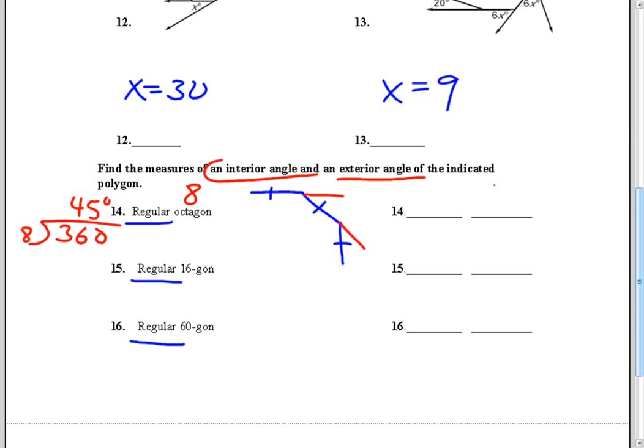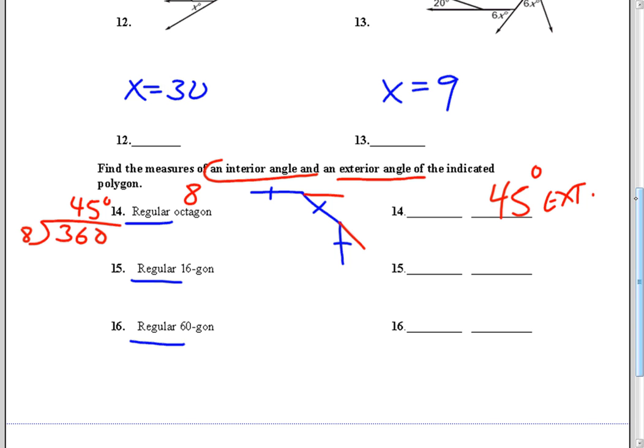Next time, I would like to see some labeling. Don't just throw down 45 degrees and hope that I don't care that it's interior or exterior. Actually write down next to it or above it or below it that it's exterior or interior. Once you have one of these angles, how do you determine the other angle? 180. It's on the side board. What term did we use?